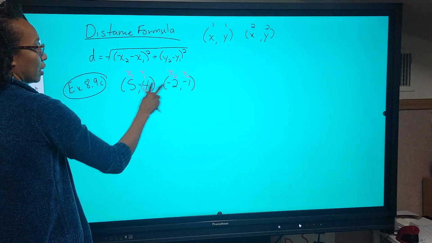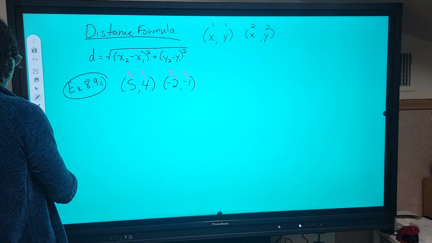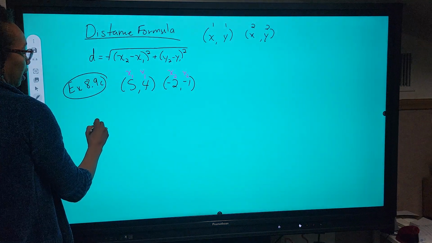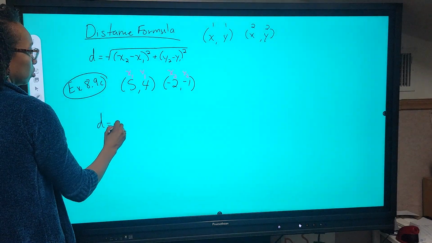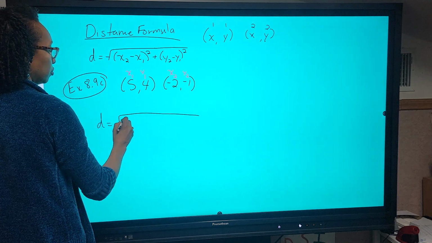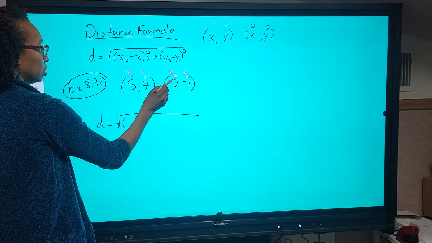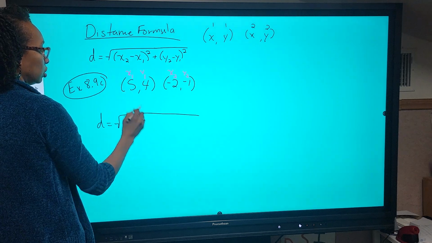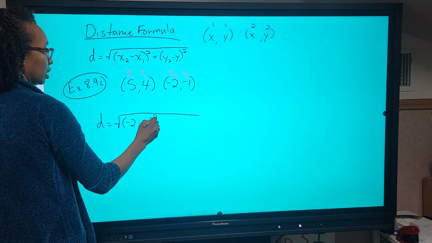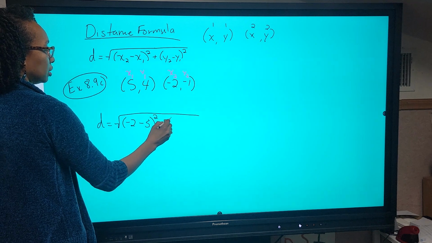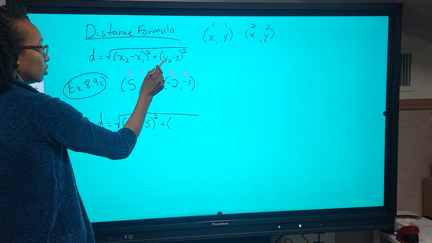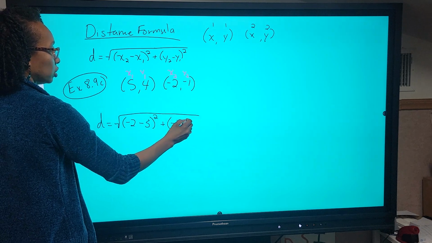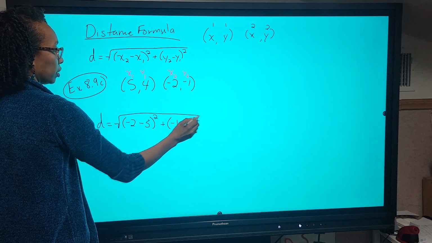And we're going to plug these values into the distance formula. So our distance will equal the square root of our second x, which is -2, minus our first x, which is 5, then we'll square it, plus our second y, which is -1, minus our first y, which is 4, and then we'll square it.